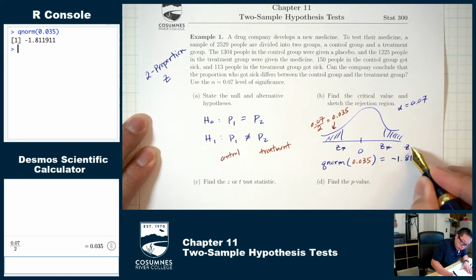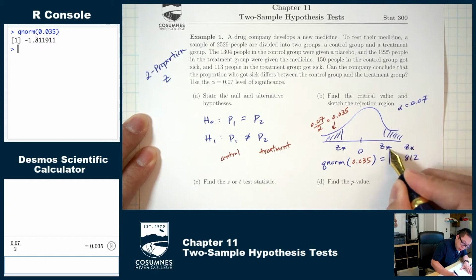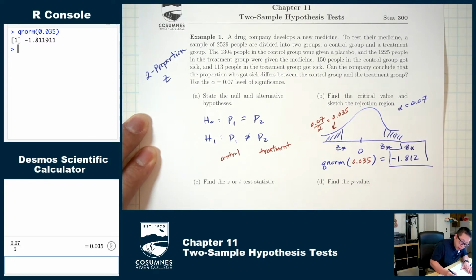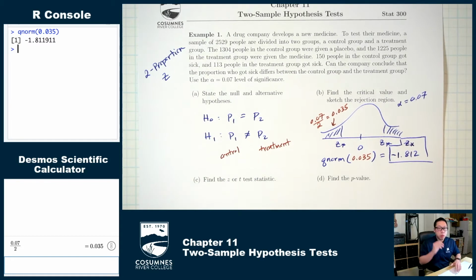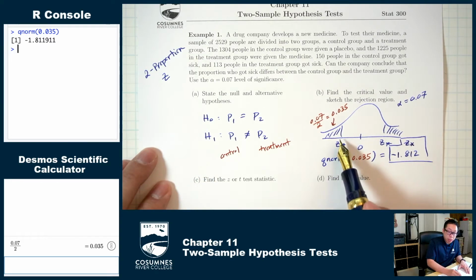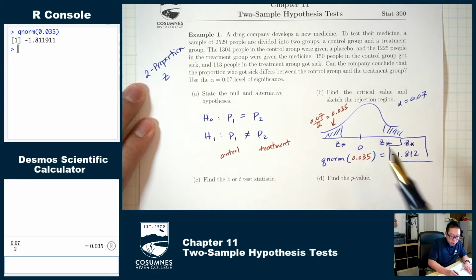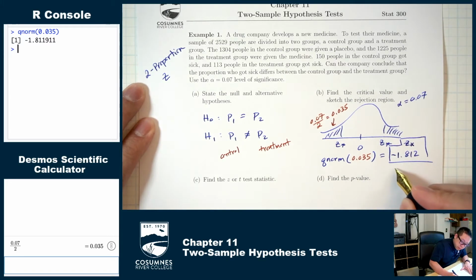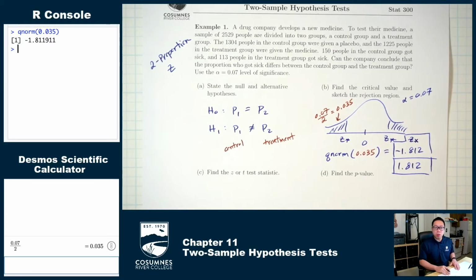Okay, that's a Z star. Based on the picture, I do expect 2 Z stars. The negative 1.812 is the one on the left. The one on the right is going to be positive 1.812. Okay, those are my 2 Z stars.